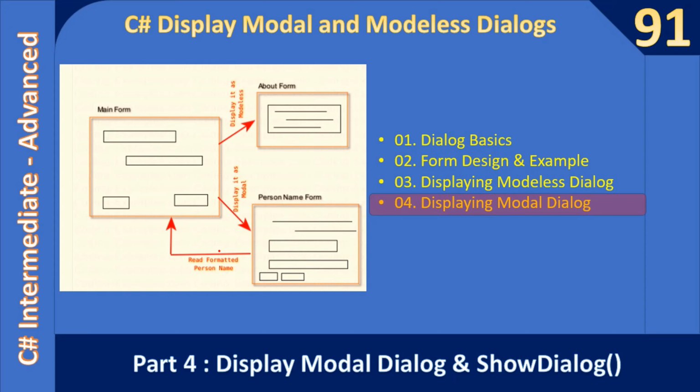So once the control is returned, we will read the formatted name. That means here what we are going to do, we will populate a person name field with formatted information like first name, comma, middle name, comma, last name, like that.